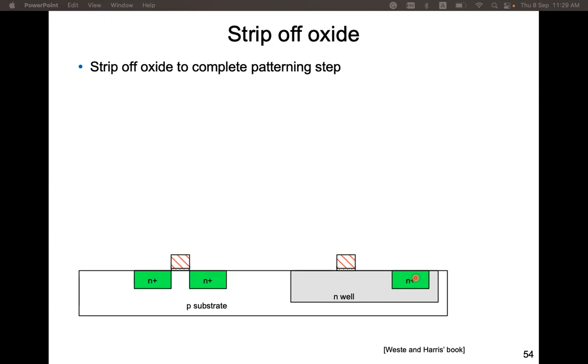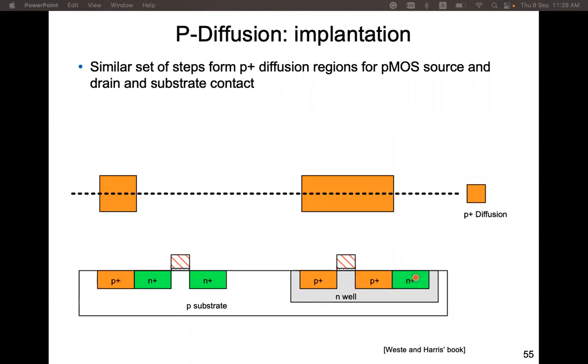The fourth step is to form the P-type diffusion, similar to N-type diffusion. So here, in this region, we need a P-plus connection to the substrate. And here we need P-plus for the drain and source of the P transistor.